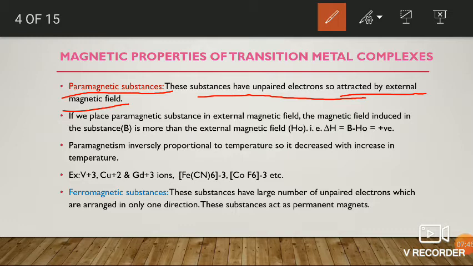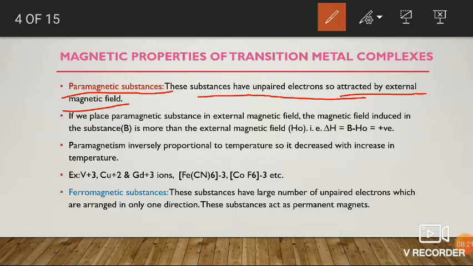If the induced as well as the external magnetic field vectors are in the same direction, or parallel, then they attract each other. When they are antiparallel, they repel each other. In the case of diamagnetic, it is antiparallel, so they repel each other. In the case of paramagnetic, the induced as well as external magnetic fields are in an aligned or parallel direction, so they attract each other.